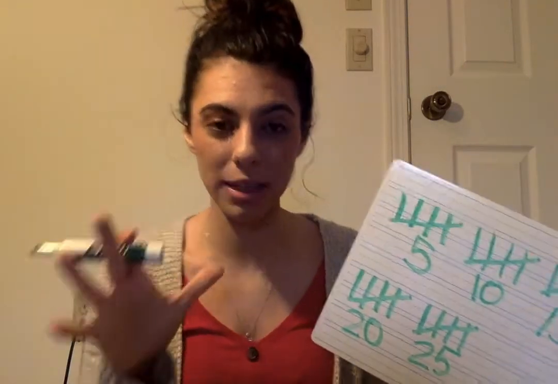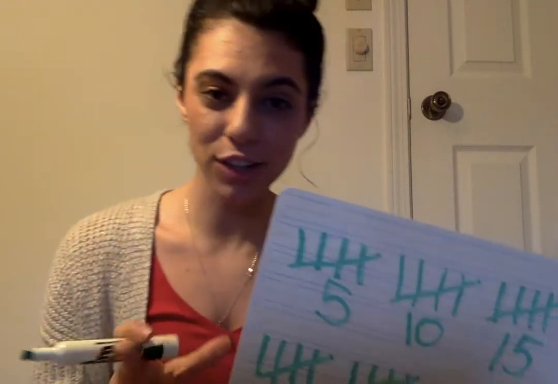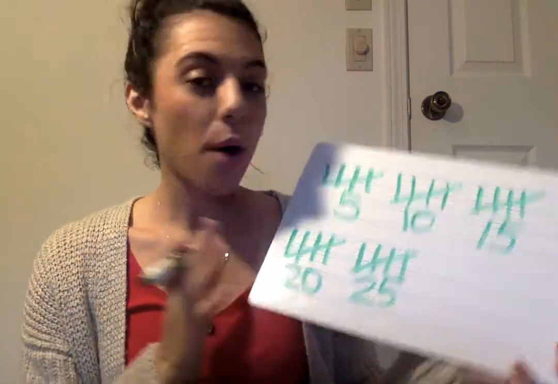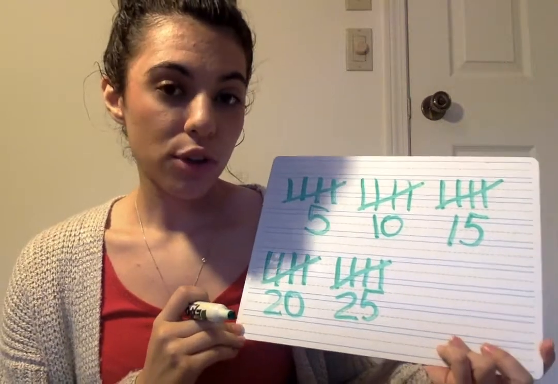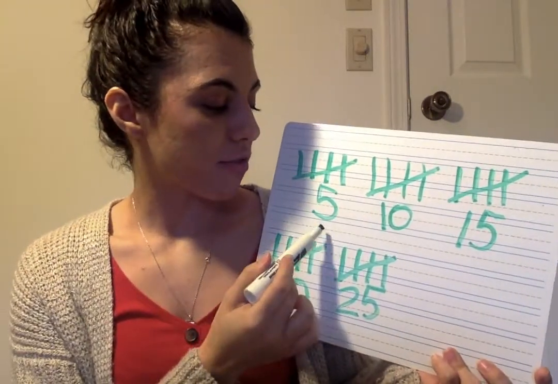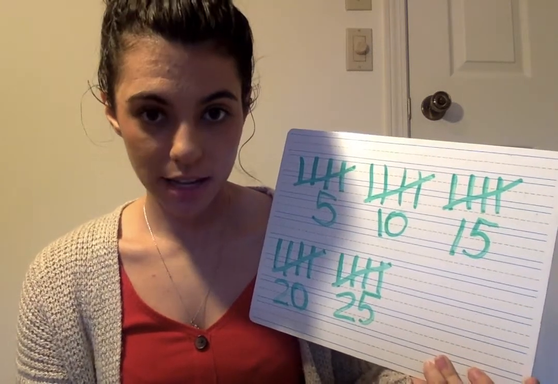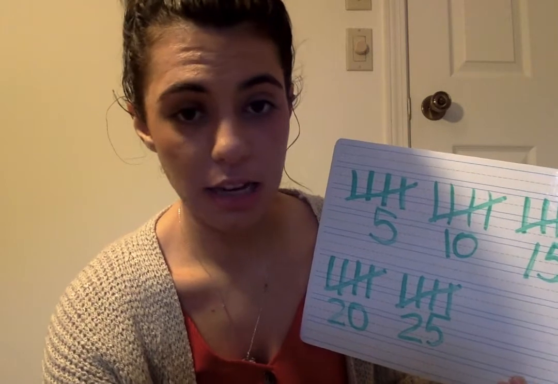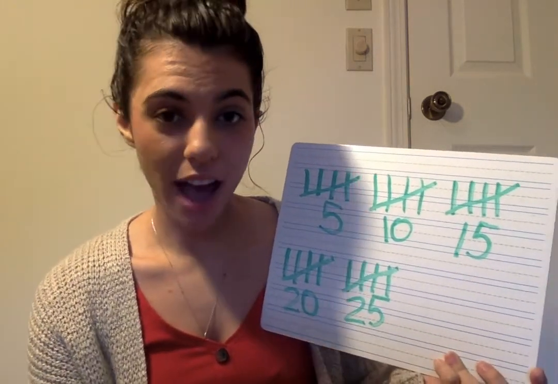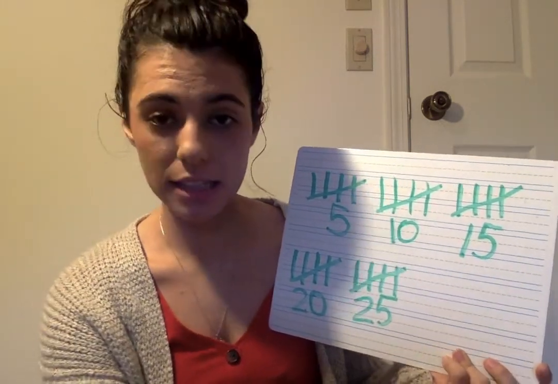Okay, I know it's a little bit confusing, but you're doing a great job. When we're counting by 5's, our numbers are always going to have a 5 or a 0 in the ones place. So if you're counting by 5's and you get a number that doesn't have a 5 or a 0 in the ones place, then you're not counting by 5's.